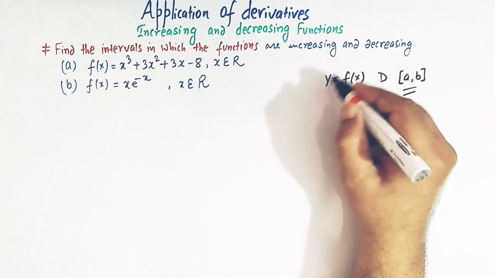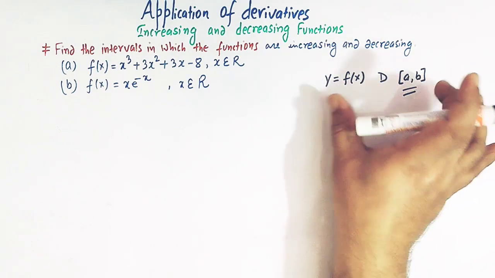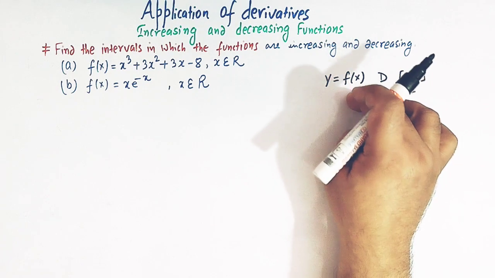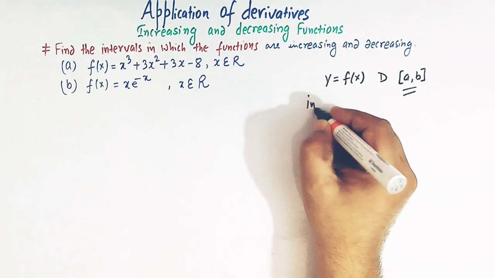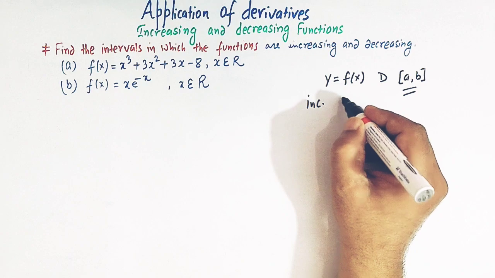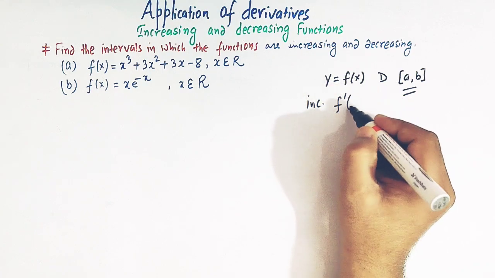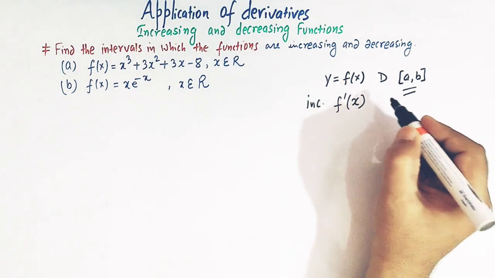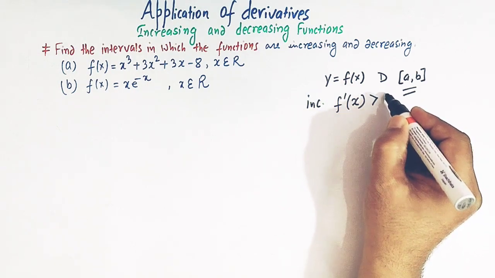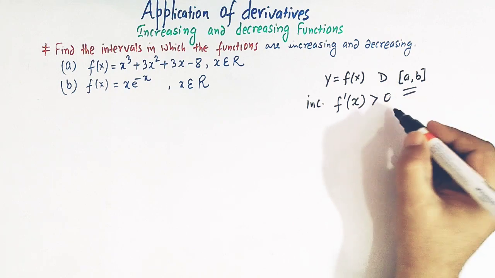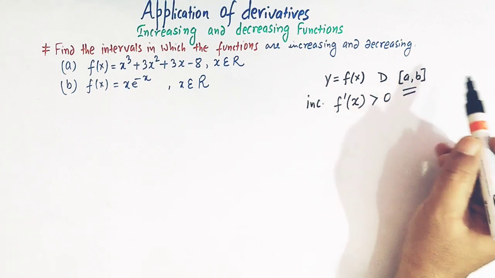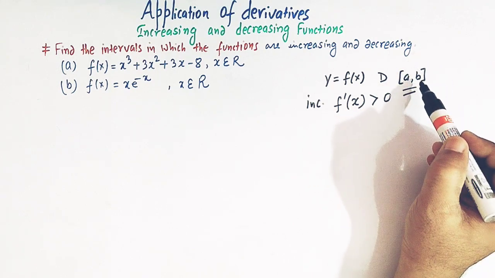The function is defined in this interval. Now the function is said to be increasing if the derivative f prime of x is greater than 0 for all x belonging to this interval.